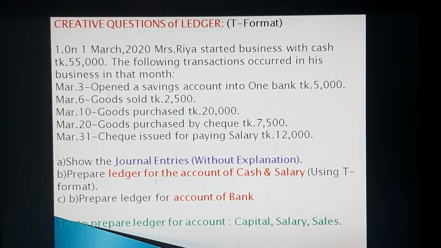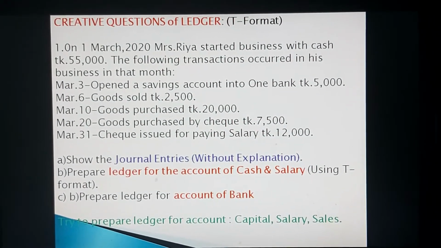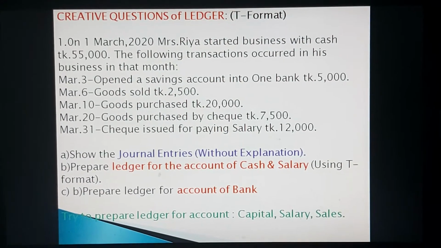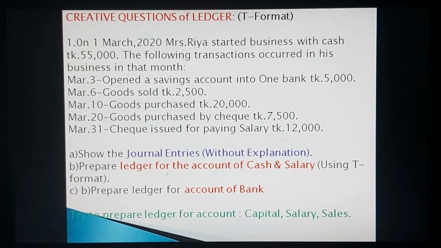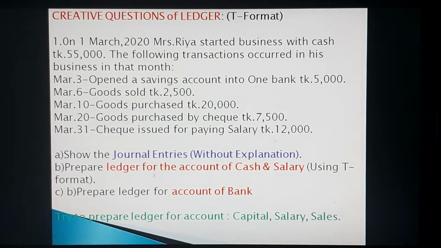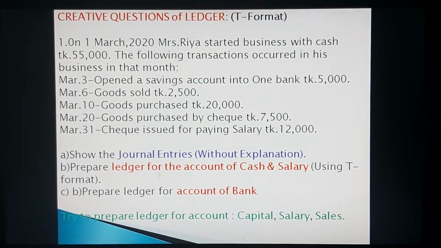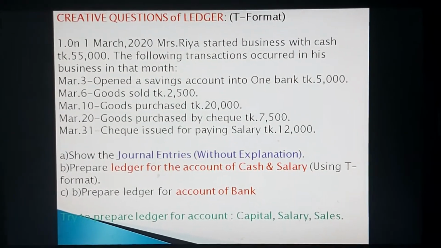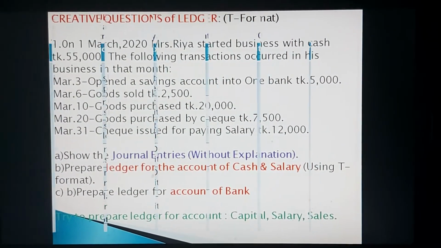Requirement A, show the journal entries. Now, you can draw a new format for general journal. Totally 5 columns are available: date, accounts title and explanation, ledger folio, debit taka and credit taka. You can see in the next slide.